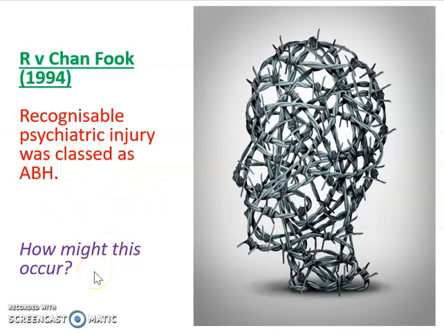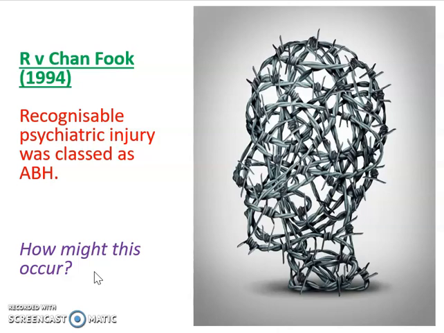Well, I've already given you an example of this. If I were to send a threatening note to someone, or say send a bullet in the post, that could cause the victim not just to be scared. If they're just scared, that's going to be an assault. But if they are diagnosed with clinical depression, with anxiety, with post-traumatic stress disorder, that could be actual bodily harm.